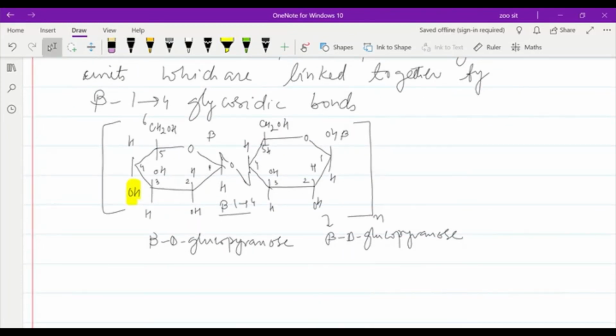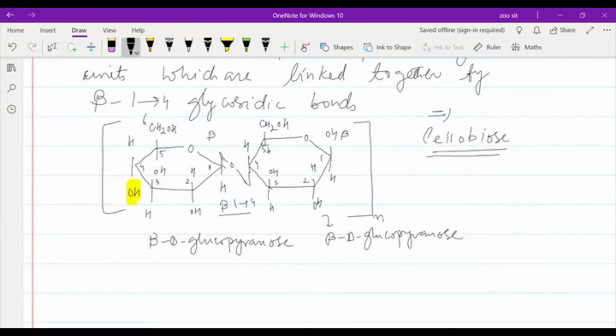And the final disaccharide which is obtained from the glucose will be the same like this. That will be C12H22O11, and that's called cellobiose. Cellobiose is a beta 1,4 glucoside made up of two glucose units which are beta D-glucopyranose units.